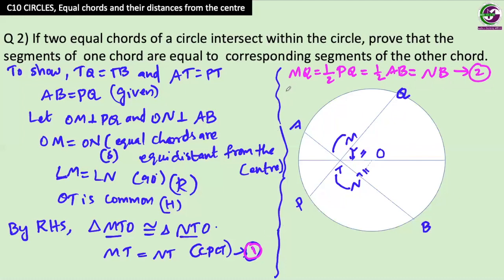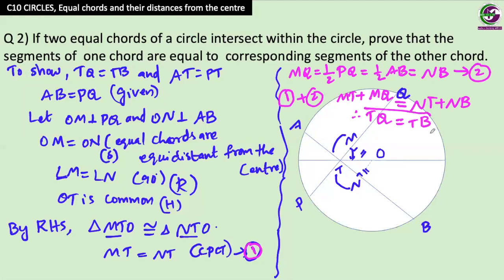From 1 and 2, when you add 1 and 2, we will get MT plus MQ is equal to NT plus NB. MT plus MQ is TQ. Therefore, TQ is equal to TN plus NB, which is TB.